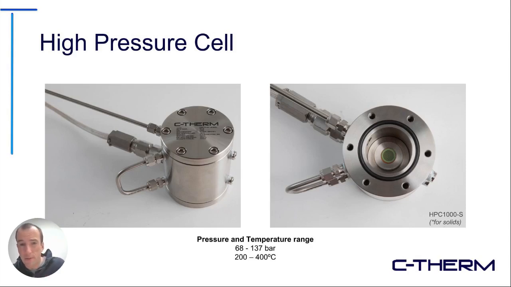That's the active area of the sensor. The sample would be placed on top of this, the lid would go on top of it, and then you can pressurize the cell. You'll notice we equalize the pressure on the front surface of the sensor and the back surface of the sensor. And that's how we can achieve higher pressure conditions that would normally damage the sensor if we did not equalize that pressure.